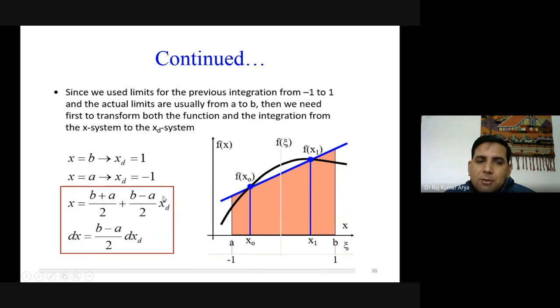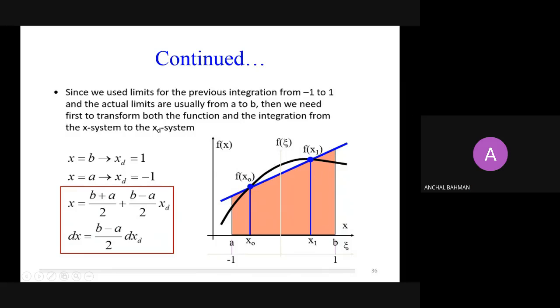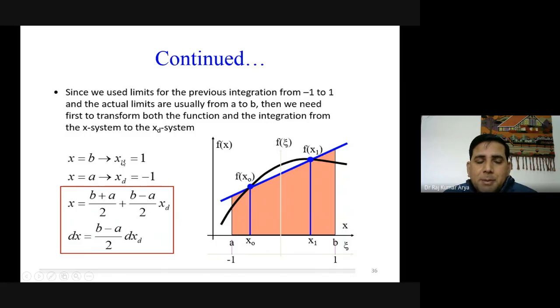Can you solve this? How would you get x in terms of zeta here? You can write, let's say, x equal to p plus m zeta. Now you have two unknowns here, p and m.